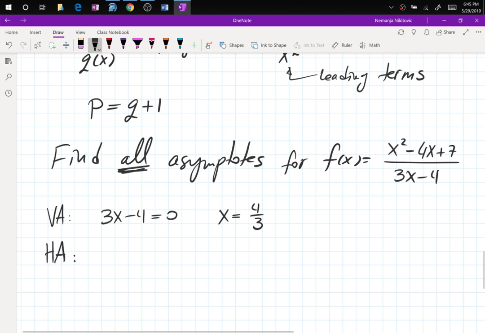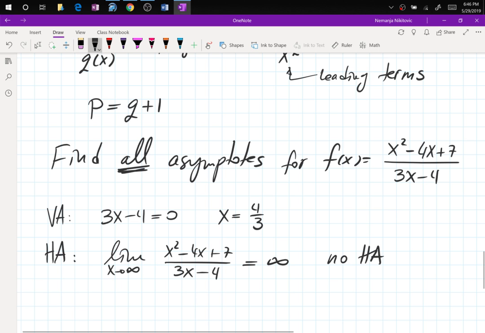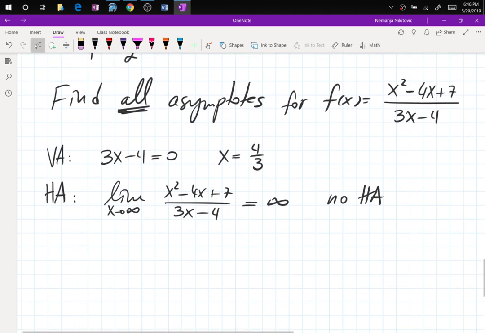For the horizontal asymptote, you can do the limit as x goes to infinity of (x squared minus 4x plus 7) divided by (3x minus 4). You would get infinity because the exponent in the numerator is larger, which means no horizontal asymptote at all.